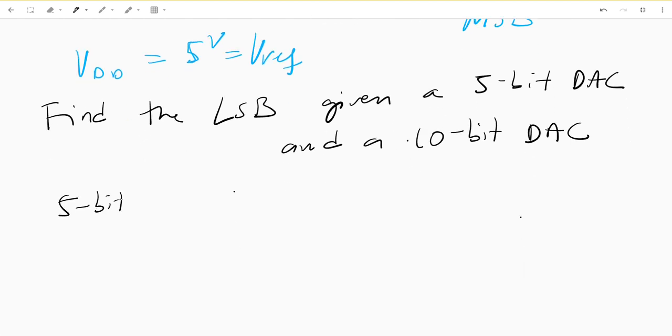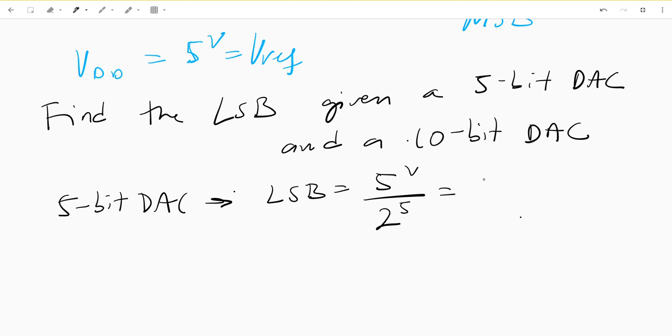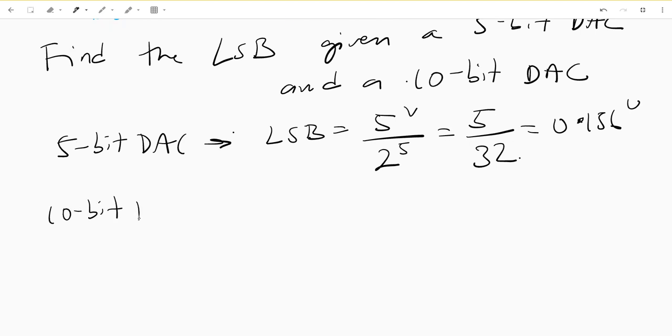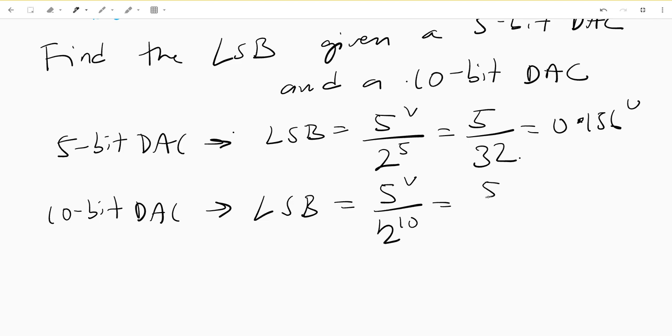For the 5-bit DAC, the least significant bit will be 5 volts over 2 to the 5th, which is equal to 5 over 32, or 0.156 volts. And for the 10-bit DAC, the least significant bit will be 5 volts over 2 to the 10, which is equal to 5 volts over 1024, which is equal to 4.88 millivolts.